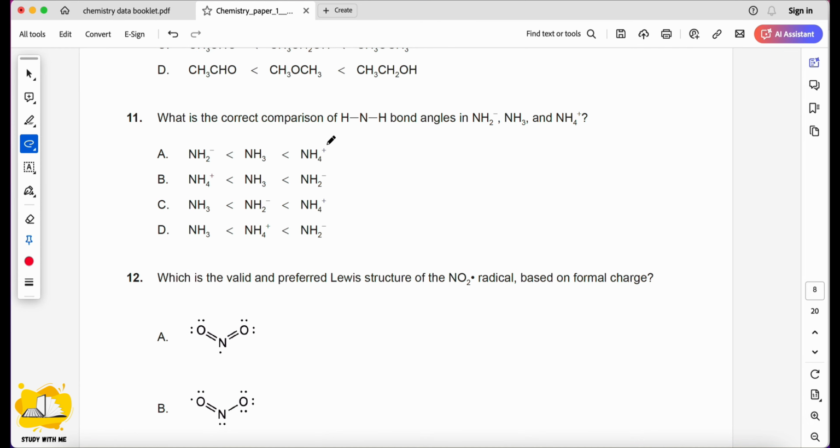What is the correct comparison of H-N-H bond angles in NH2 minus, NH3, and NH4 plus?